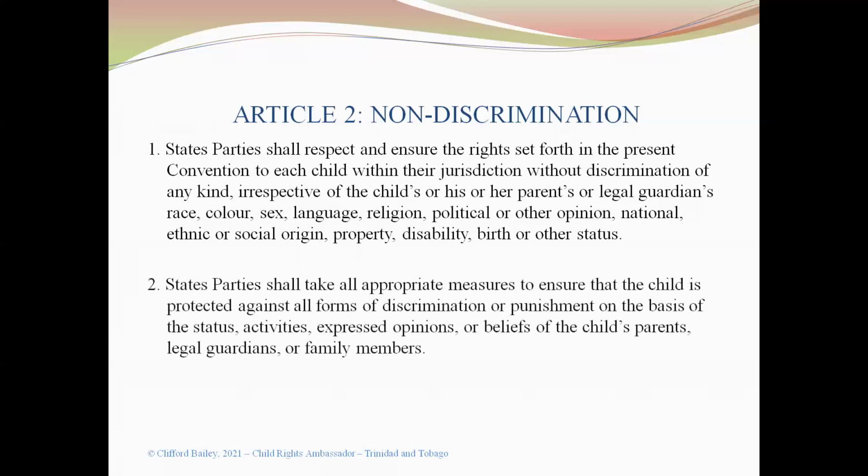States parties shall take all appropriate measures to ensure that the child is protected against all forms of discrimination or punishment on the basis of status, activities, expressed opinions, or beliefs of the child's parents, legal guardians, or family members.